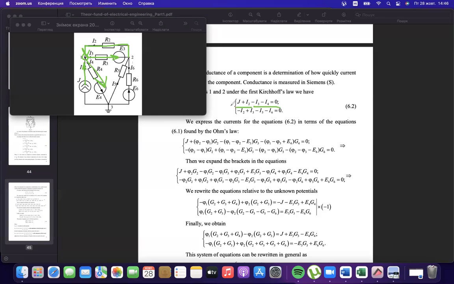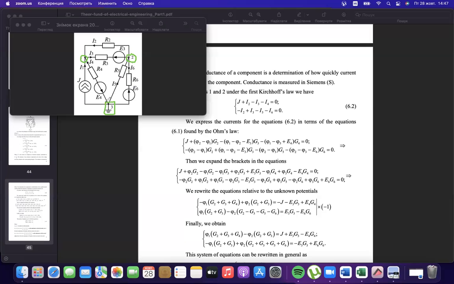That is why we could write Kirchhoff's law for nodal point number 1. The same we could do for nodal point number 2. For the second point, we have one inflow current, I3, and three outflow currents, I2, I5, I6, so we write I3 minus I2 minus I5 minus I6 equals 0. Just writing Kirchhoff's law for two nodal points.